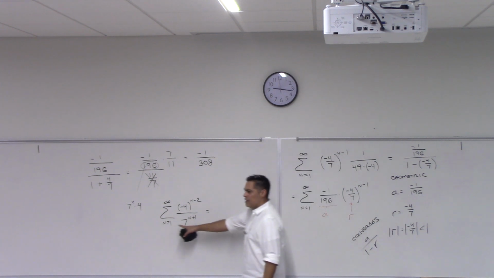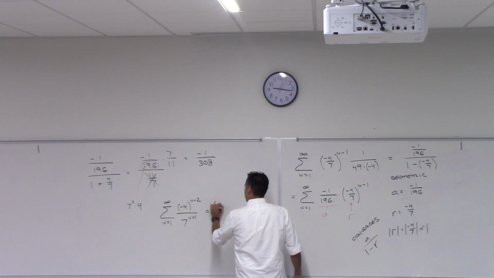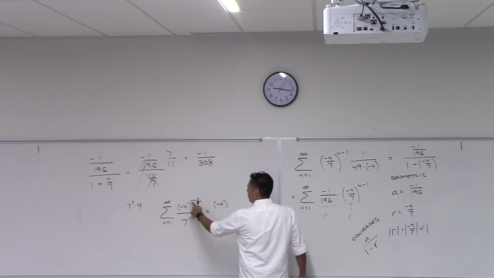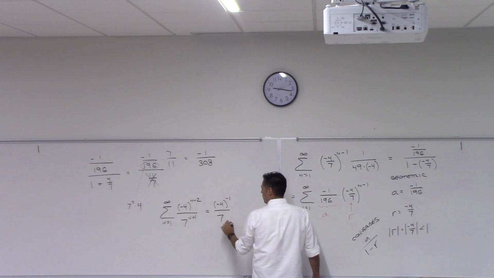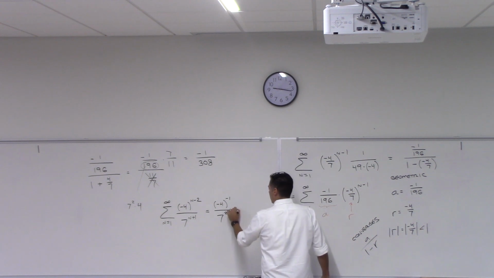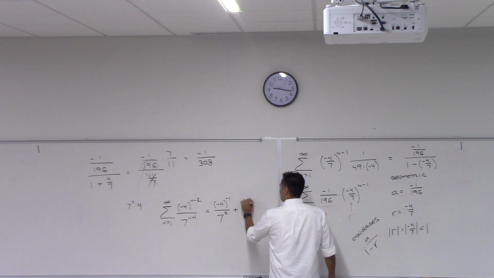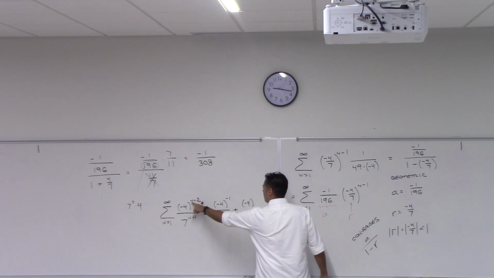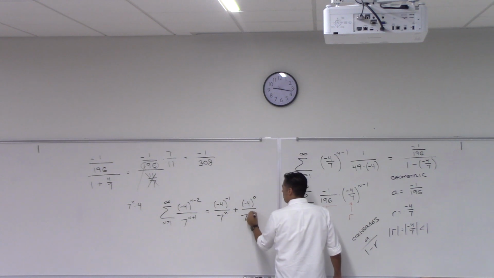If I let n be 1, we get negative 4 to the 1 minus 2, which is negative 1, over 7 to the, plug in 1 here, 7 squared, right? And then plus, now we let n be 2. We have negative 4 to the 0, over 7 to the third.